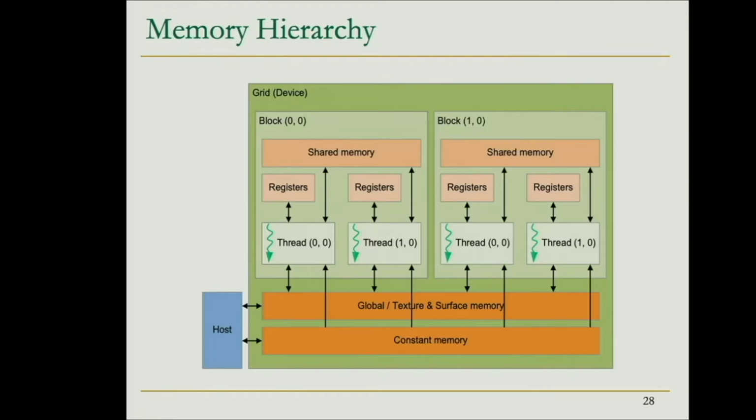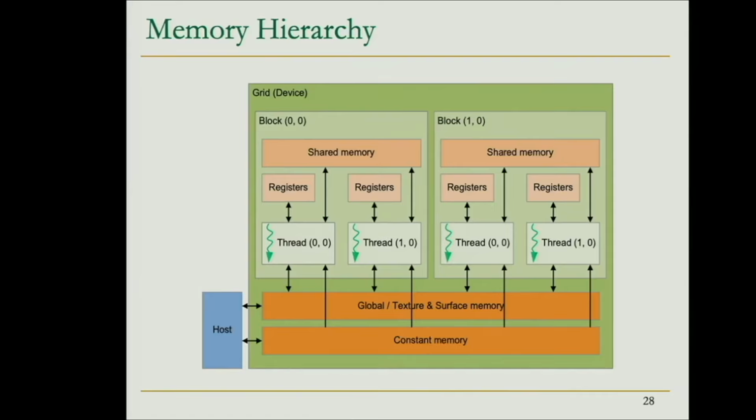The global memory, or let's say the DRAM, the device memory, is all this orange thing here. But from the programming perspective, it can be divided into several parts. For example, constant memory is the memory area that you allocate for read-only data. Global memory is the general purpose one for read-write.